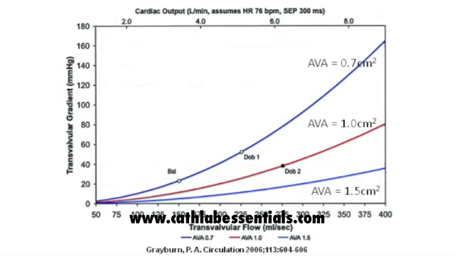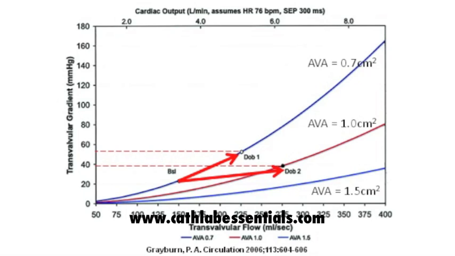If we look on the curves, which are plotted from transvalvular gradient on the vertical and transvalvular flow on the horizontal, we see that we are at a position at the beginning of this arrow which talks to us about the size of the gradient, the increase in gradient, and the increase in flow. And we stay on the curve that tells us our aortic valve area is fixed at 0.7.